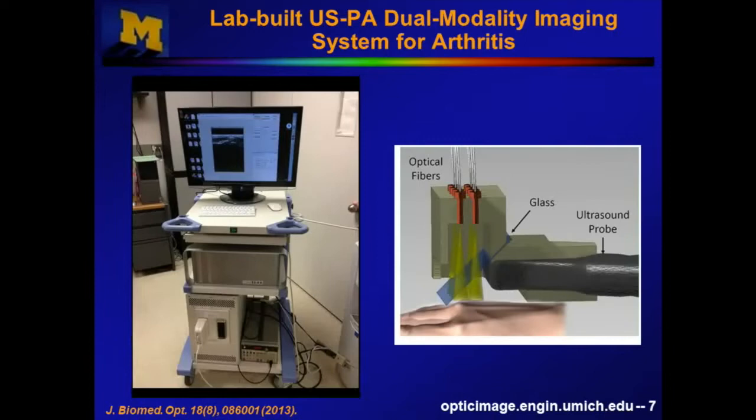It's a very big laser system, a tunable laser. When we image a human finger joint, as on the right side, we put an ultrasound probe and optical fibers and integrate them together, so that we can get ultrasound images from a finger joint and, at the same time, photoacoustic images.